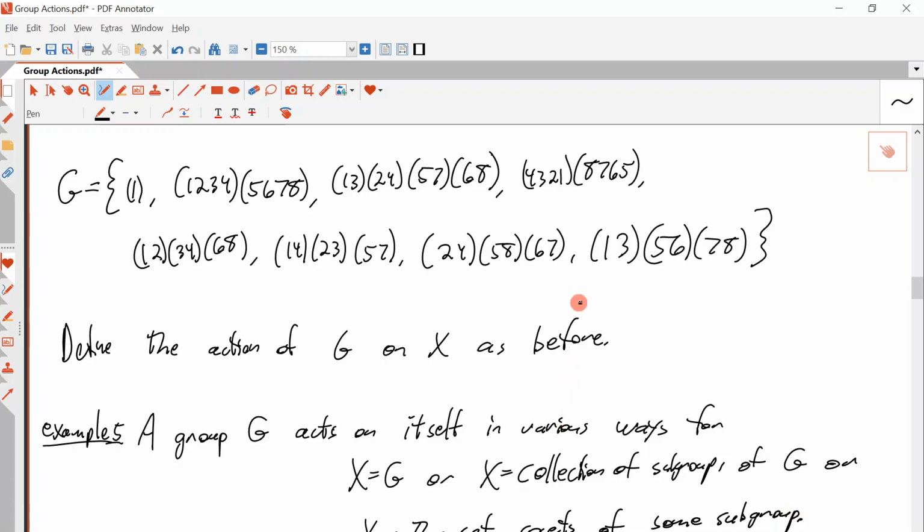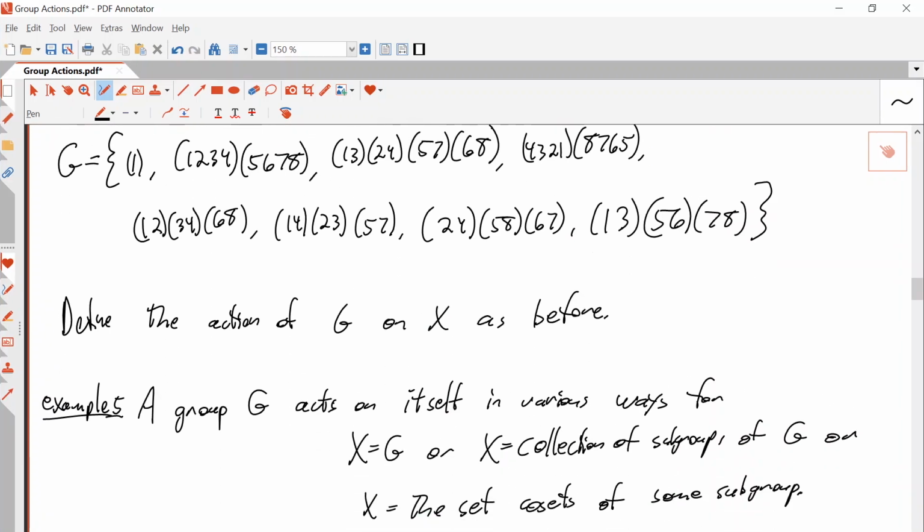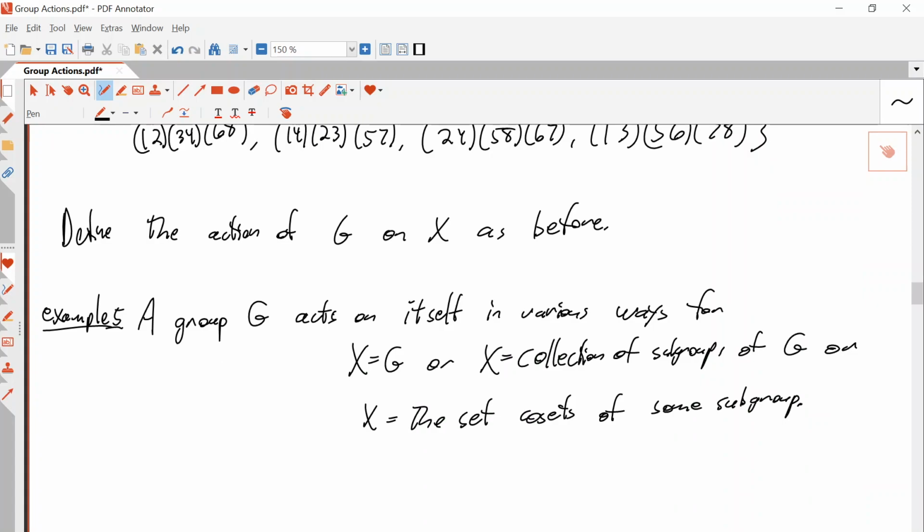So there's various different kinds of actions of a group on itself.